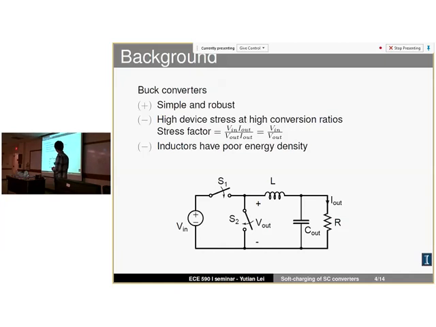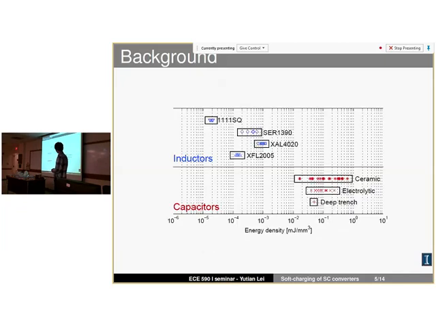Another problem with the buck converter is that it has very poor energy density. To convince you of that, here is a plot which shows the energy density of the components, in millijoules per cubic millimeter. We really want to be on the far right-hand side for a larger energy density. There's really no y-axis here, so we just put the inductors on the top and capacitors on the bottom.